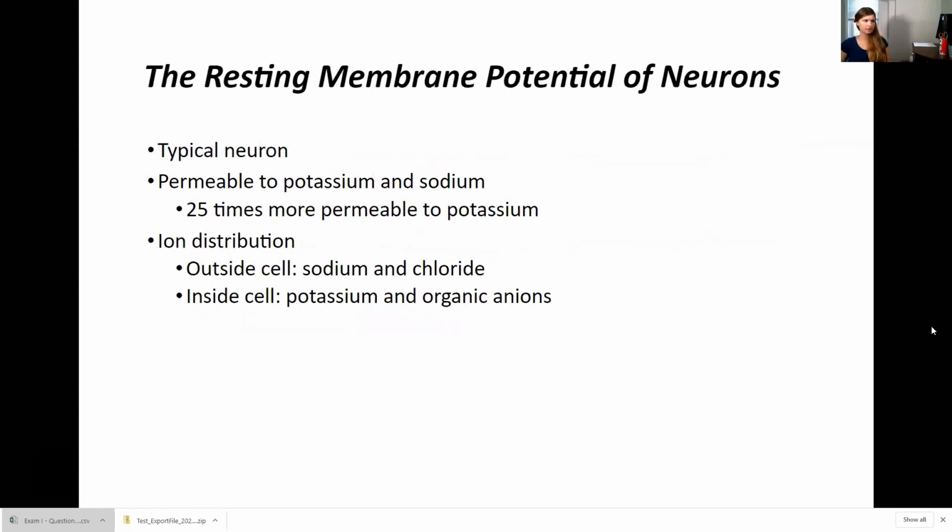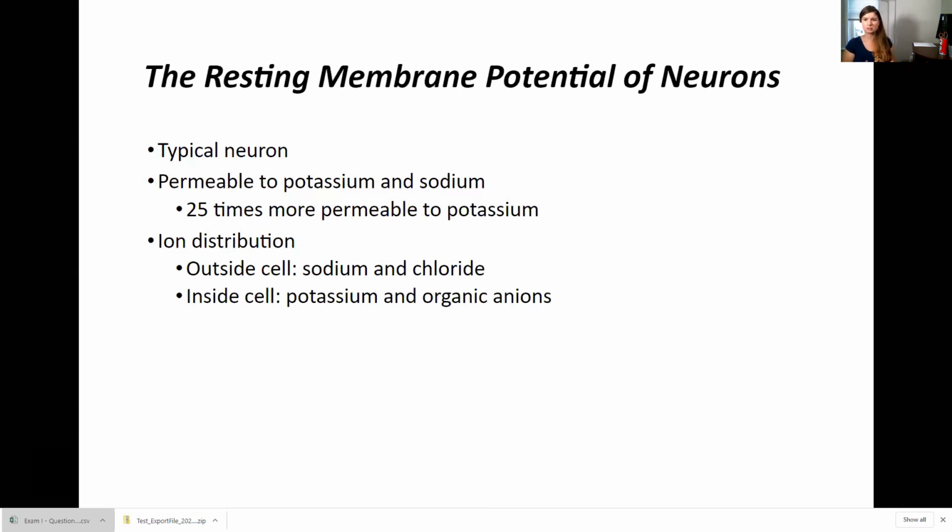So when we're looking at the typical neuron, it is permeable to both potassium and sodium. When we say it's permeable, what I mean is that there will be channels that allow sodium and potassium to cross the membrane. Not that we have some weird kind of membrane where potassium and sodium can get through that lipid bilayer.